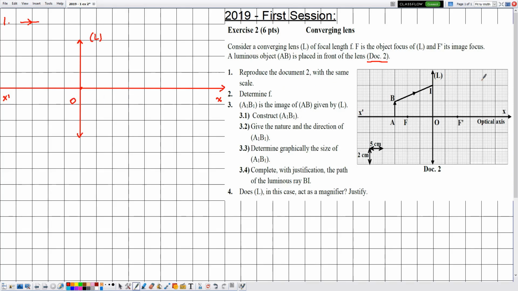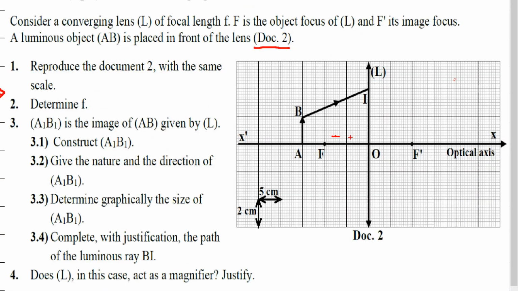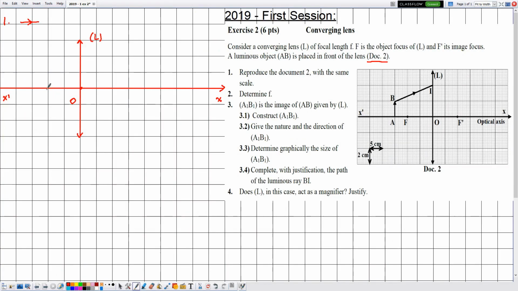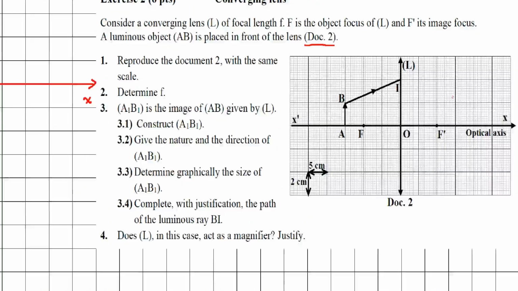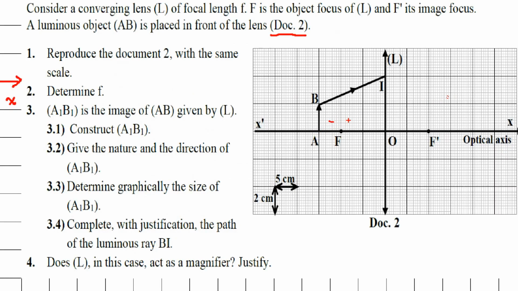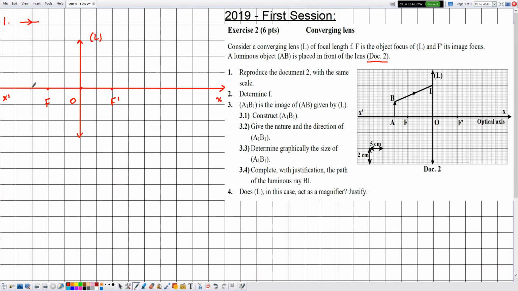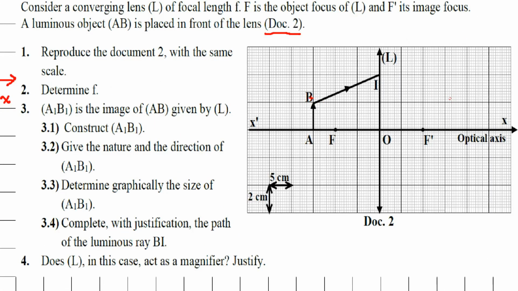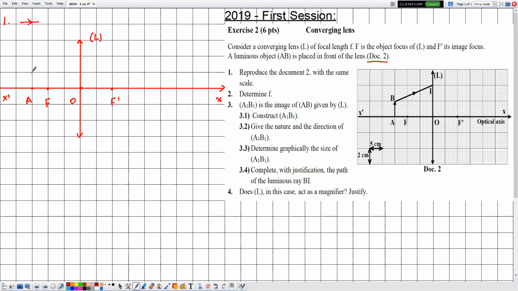Okay. The point F is located 1, 2 divisions in front of the lens. And F prime is the symmetric of F with respect to O. Moreover, the point A is located 1, 2, 3 divisions in front of the lens. And the point B is located 1 division above A, in which a hat is found on B. Now let's trace the object.